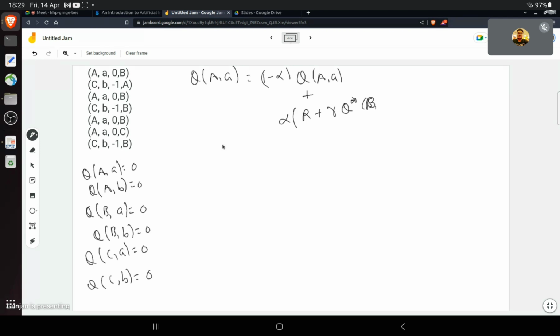So this is basically gamma times, I'll just write the equation more clearly: gamma times the max over all actions a' of Q(s', a'), that in this case is b, because after taking this action we end up with b, and (b, a'). So that is what we will use. This is the equation that we will use, right?